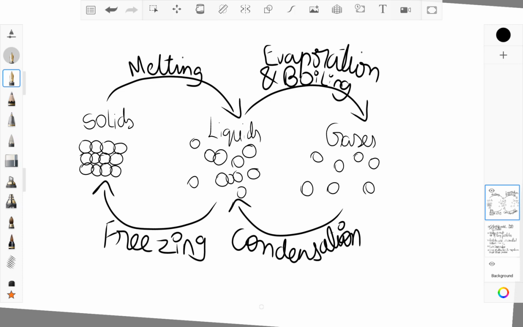Similarly, a liquid can become a gas either via evaporation or via boiling. They are not the same thing, and we'll be looking at the difference between evaporation and boiling later on in the video. On the opposite end of the spectrum, gases can also convert back into liquids via condensation, and liquids can become solids again via freezing.